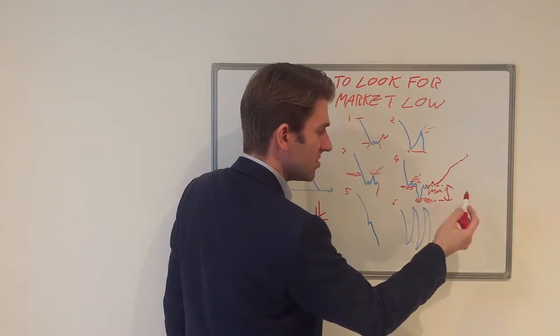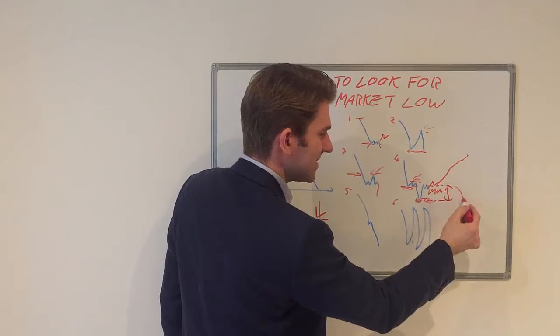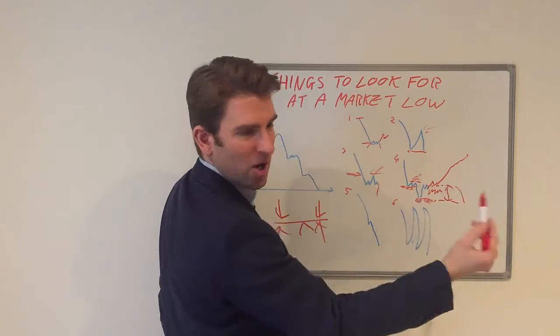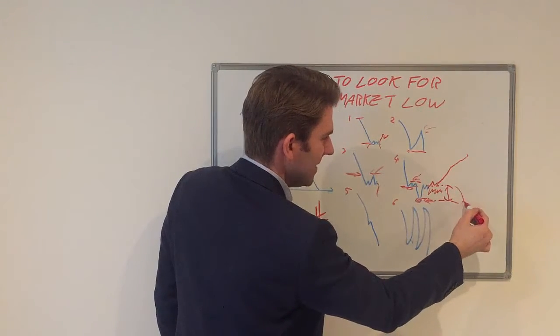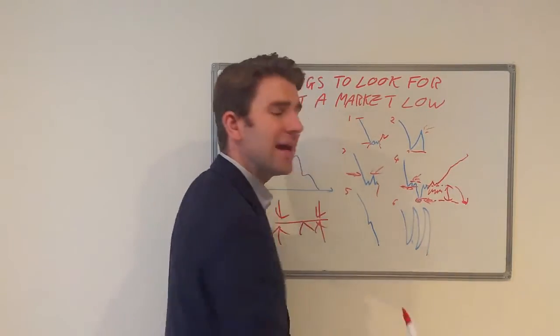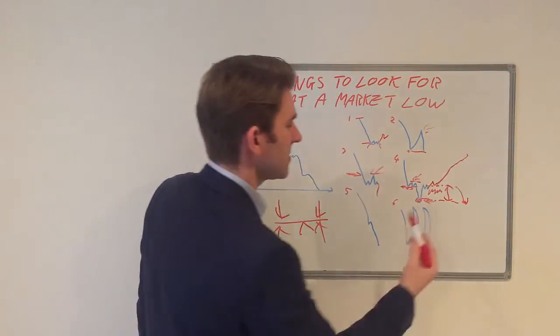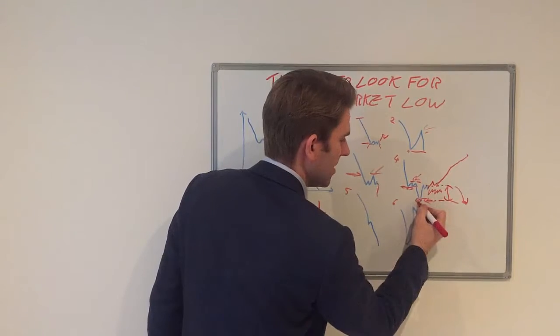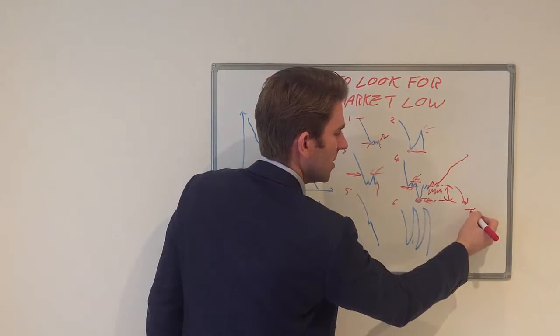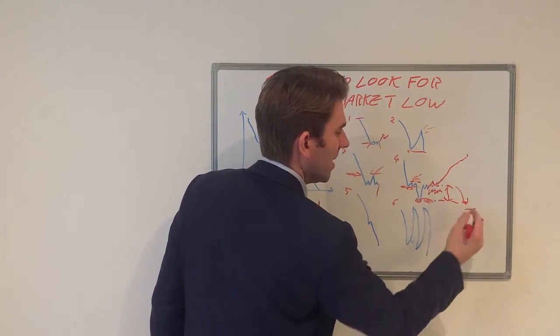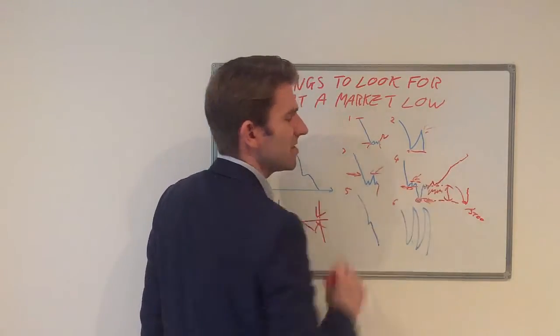However, vice versa, we could come back and retest this low here. This is getting a bit messy, but I hope you can see what I'm saying. We retest the low here and buyers step in again. That would then be worth a buy for me because at least I can quantify my risk. I can say it's held once, held twice. Let me take it along here. Let me put my stop under that low here and assume that we're going to come back into that congestion zone.